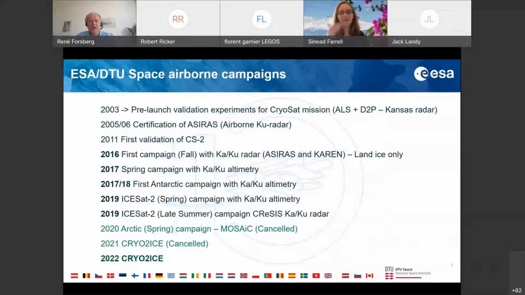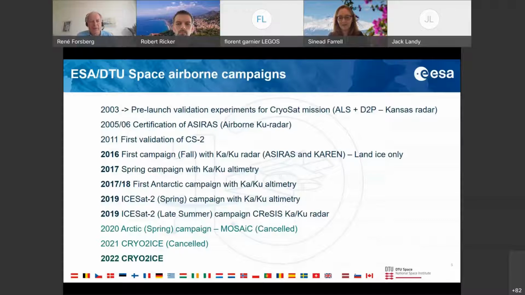So here is basically a list of the different campaigns carried out over the years. The pre-launch with the D2P radar, and we had the European radar at ESA-ESRIN being certified. Then, of course, after the CryoSat 2 launch, the first validation campaigns, the first fall campaigns in 2016, where we flew both the Ka and Ku radar. As we already heard, it gives you an enhanced recovery of snow depths and enhanced understanding of firn properties on the ice sheet.